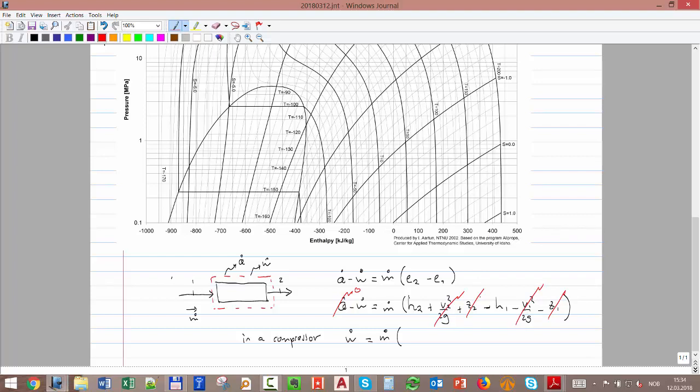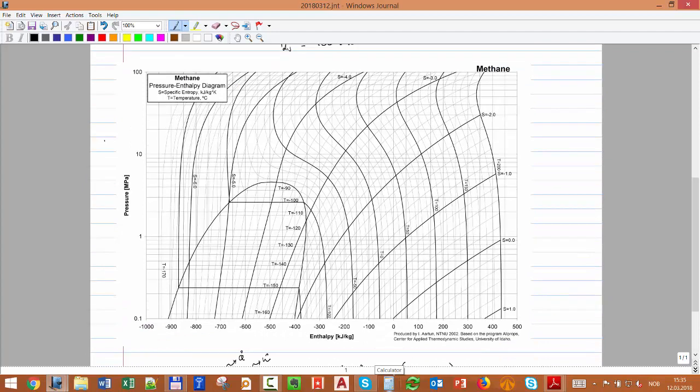So at the end, the power that the compressor needs is related to the difference in enthalpy at the outlet minus at the inlet. That's why I like to have enthalpy in this diagram, because it tells me how much power that compressor will need for a given compression path.